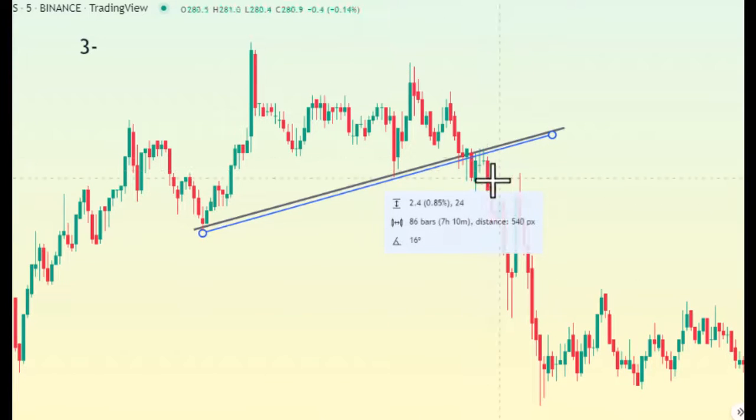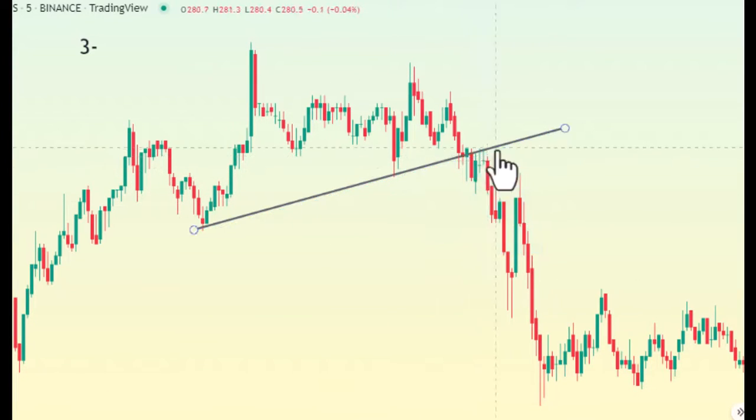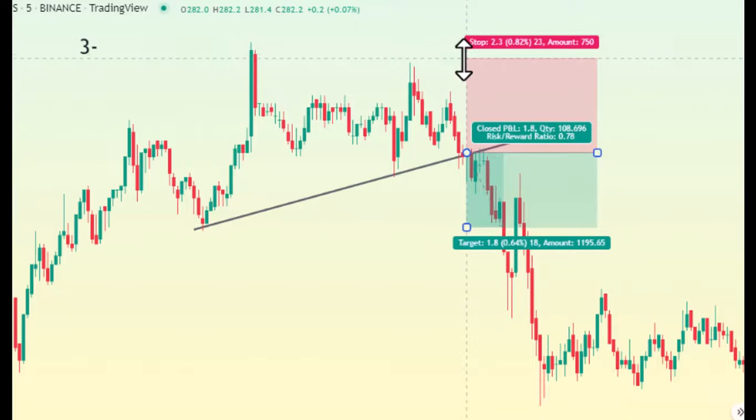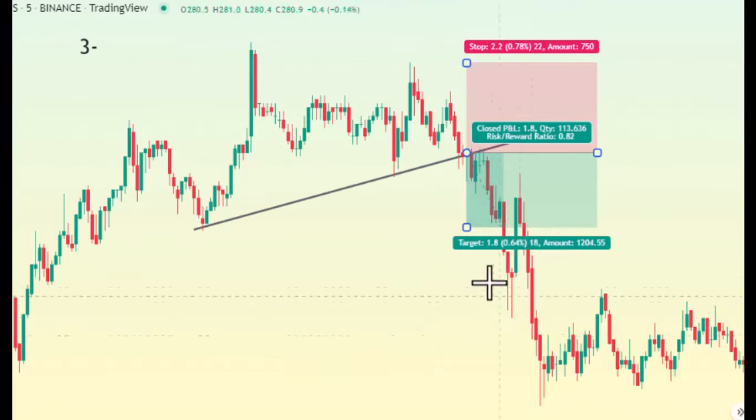After this breakout, we can enter on the retrace to the neckline, a sloping neckline, and put our stop loss behind the right shoulder or behind the head. I put it behind the left shoulder. For take profit, we can use a price level that formed before.